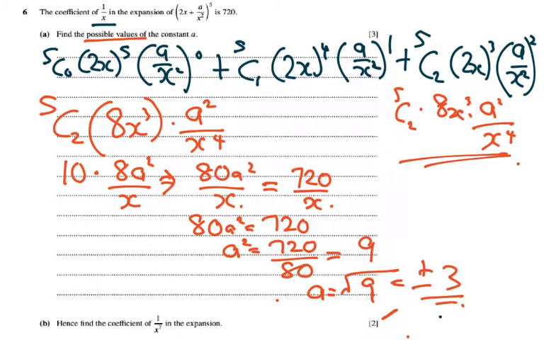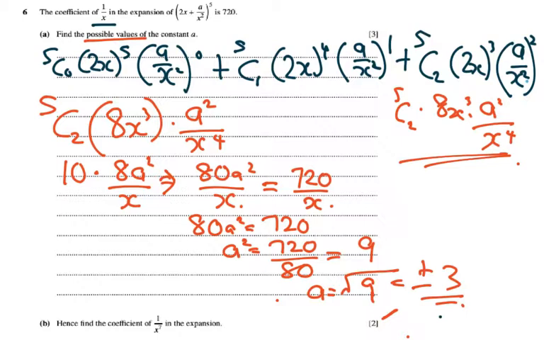Hence, find the coefficient of 1 over x to the power of 7 in the expansion. We have seen here that this is x cubed, and the denominator is x to the power of 4 when I square a over x squared, so you get a squared over x to the power of 4 and that is x cubed. So we are only getting 1 over x.